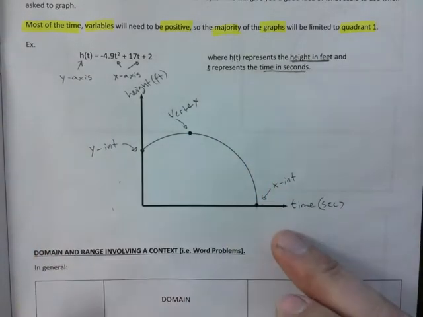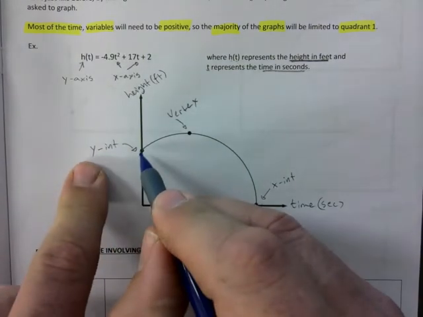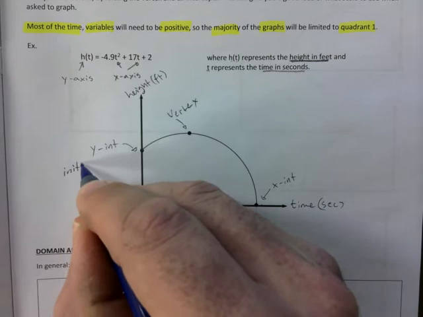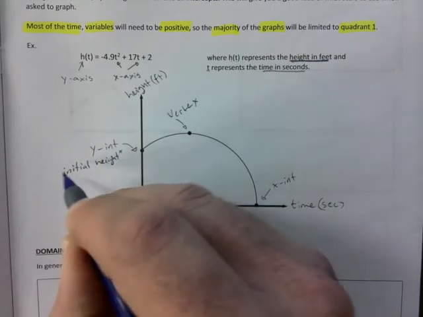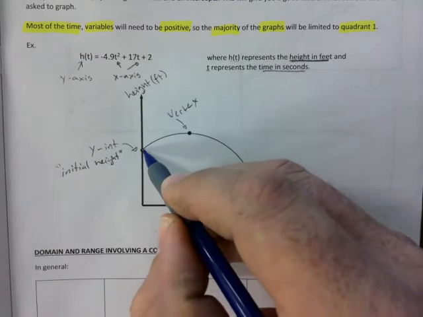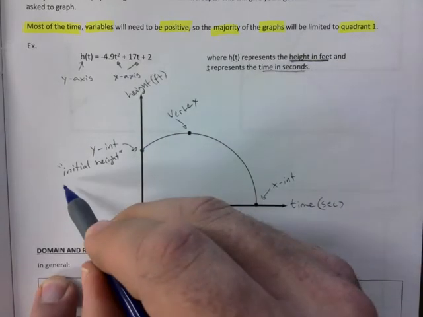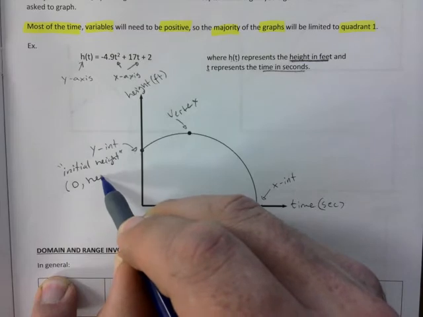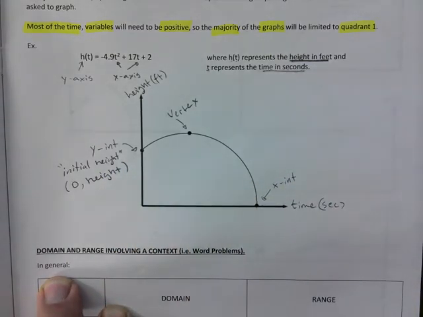In general, when it's a height question, the y-intercept is the initial height. The y-intercept tells you what height above the ground you are at time 0. So the coordinate would be 0, height, whatever that height is.